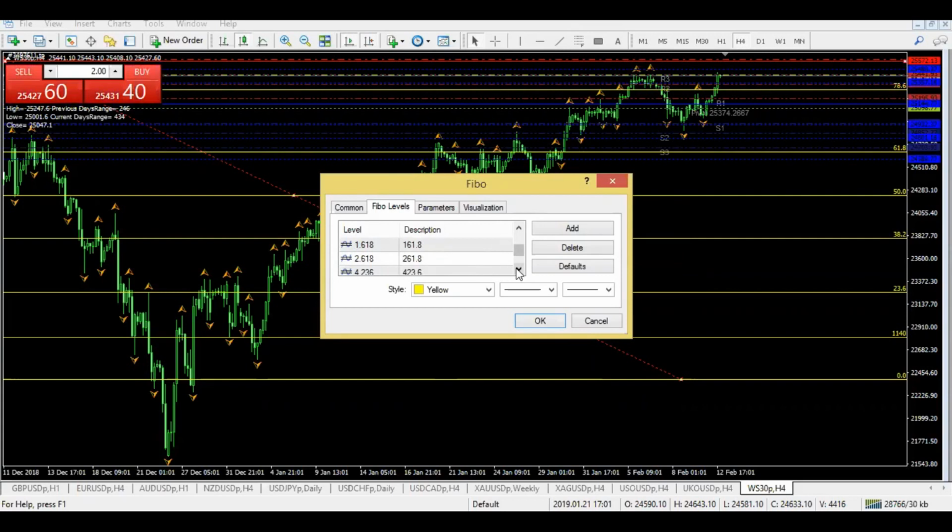What's this right now? It's the numbers of Fibonacci, like 11, 78, and 81. Put these three. Go to the properties of Fibonacci, right click on it, properties, and put the numbers there.